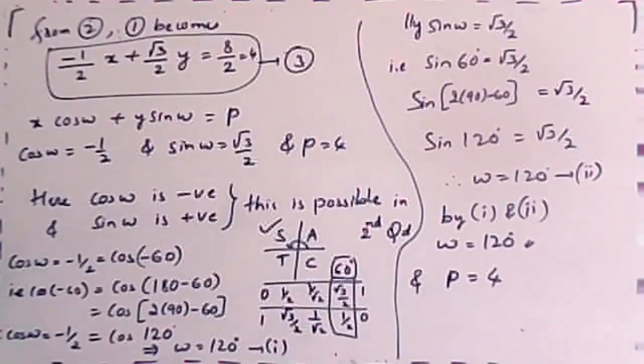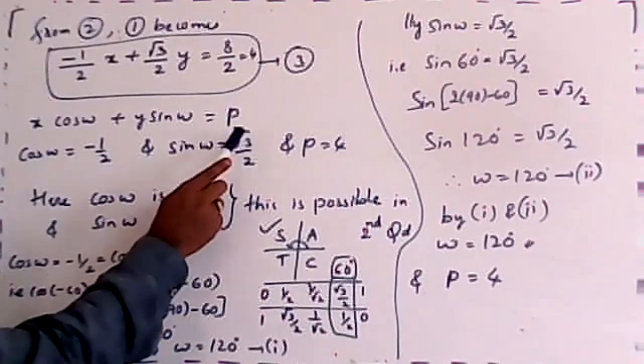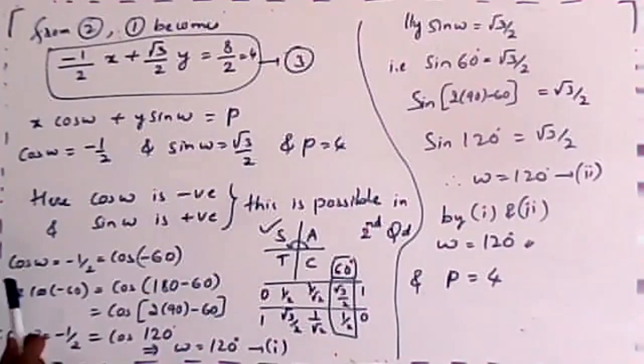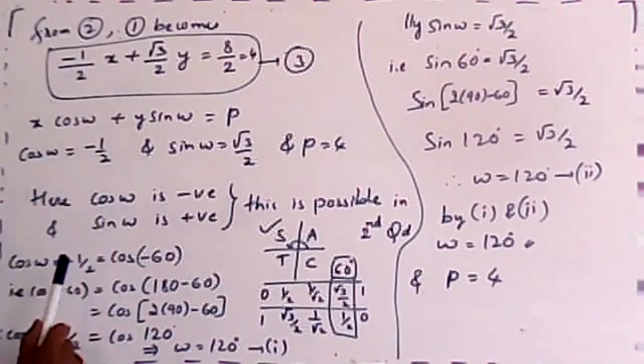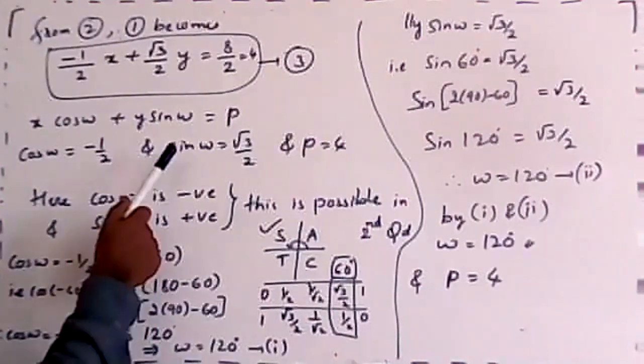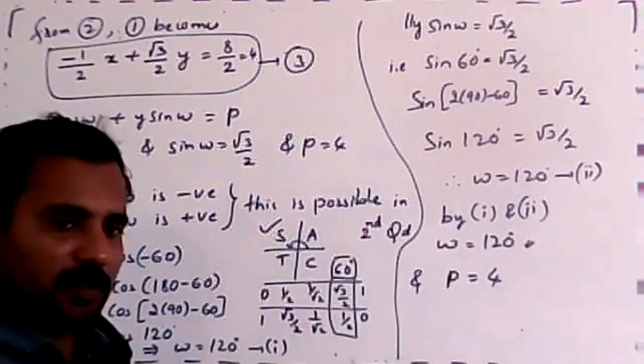Then for which same angle does cos become minus 1 by 2 and sin become root 3 by 2? I should bring the same angle on both sides. Both sides I should write the same, 120 degree only. For 120 of cos, I'll get minus 1 by 2. For 120 of sin, I'll get root 3 by 2. See, the angle is the same. Both sides I prove the angle is 120 degree only.